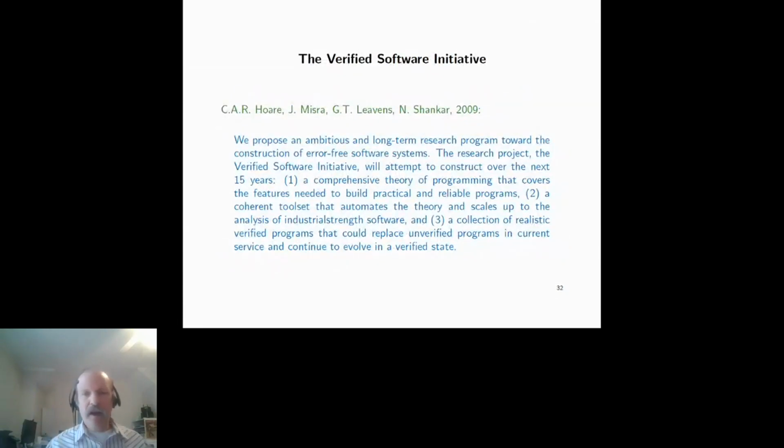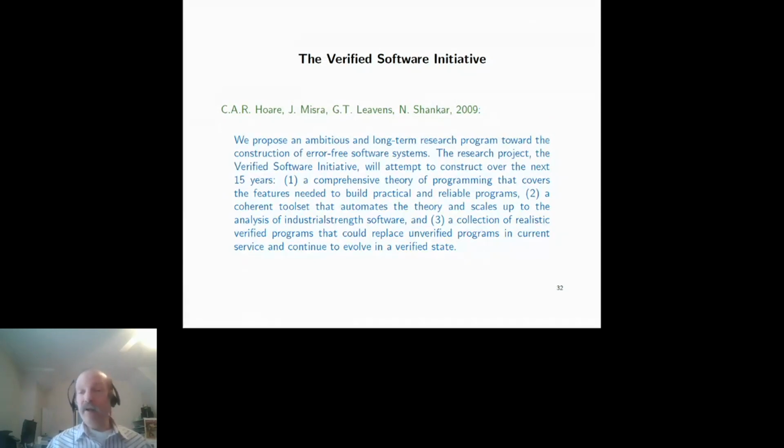There was enough optimism that in the 2000s, Hoare, having recovered from his momentary lapse in the 90s, together with Jay Misra, Gary Leavens and Shankar, proposed the Verified Software Initiative. We propose an ambitious and long-term research program toward the construction of error-free software systems. They say that in 15 years, we need a comprehensive theory of programming, a coherent tool set, and a collection of realistic verified programs.